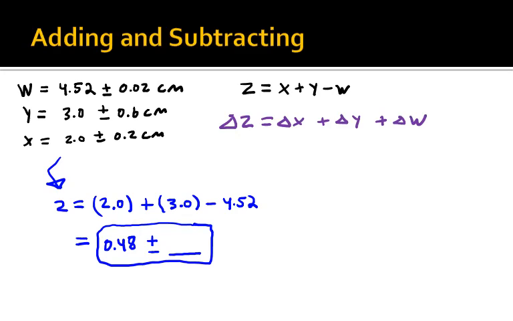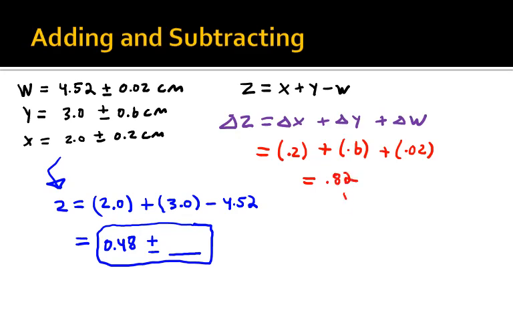So for our uncertainties, we say the uncertainty in x is 0.2, plus the uncertainty in y is 0.6, and the uncertainty in w is 0.02. When we add those up together, that's 0.82.